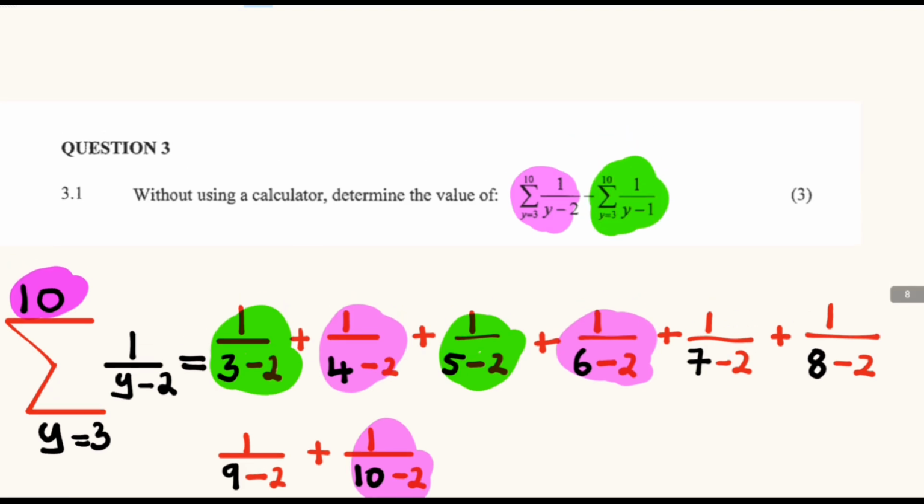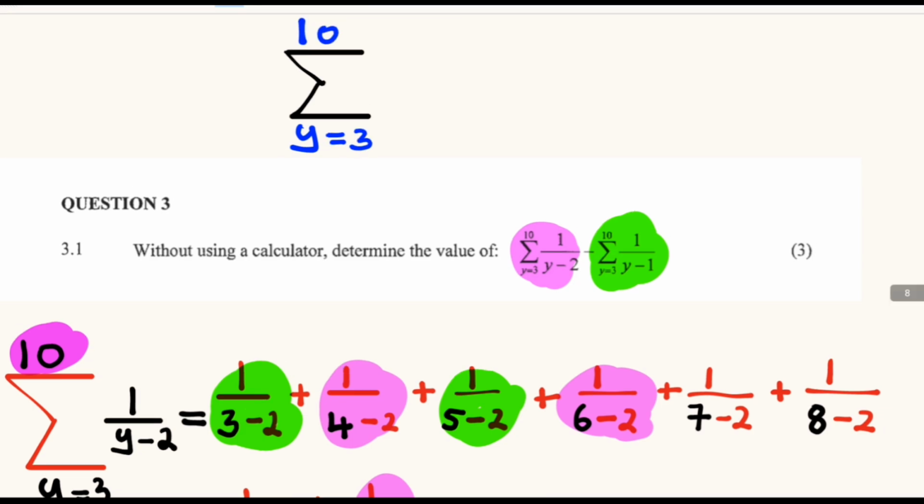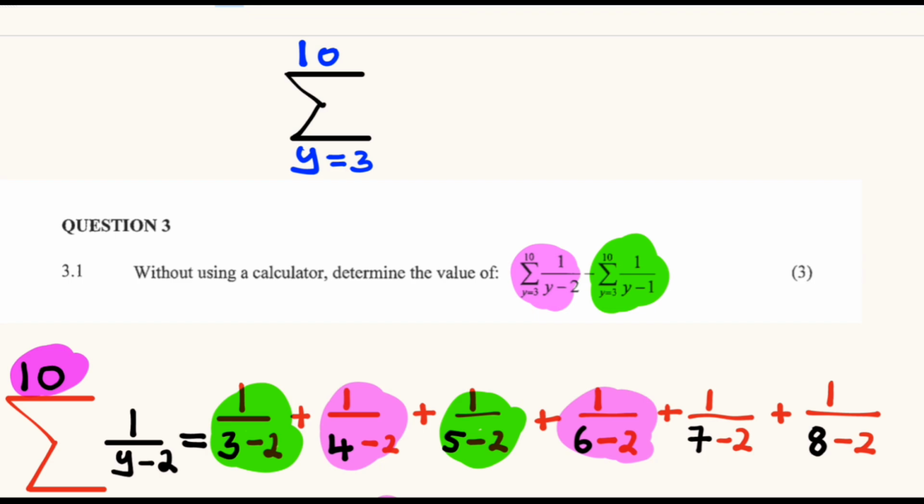So we'll have the sum. Let's just write it here and we will copy it later. So we have the sum from y equals 3 up until y equals 10, and this is the second summation, 1 divided by y minus 1.